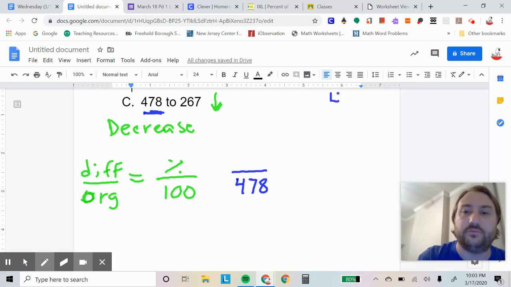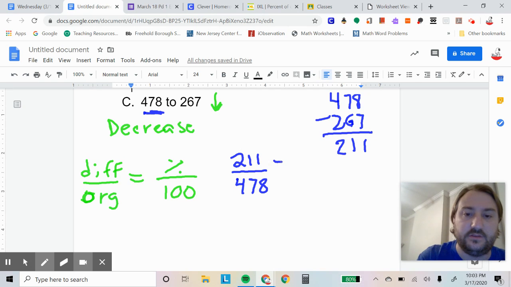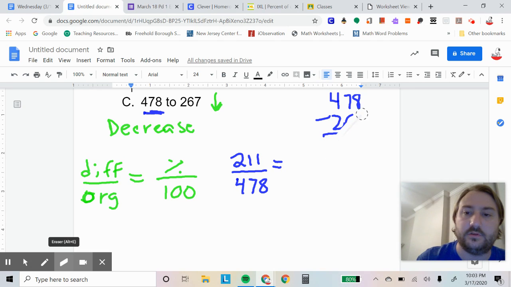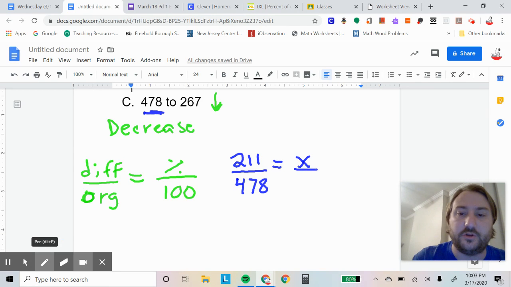We do 478 minus 276, and we get 202. Then 202 is equal to x, because we don't know the percent, over 100.